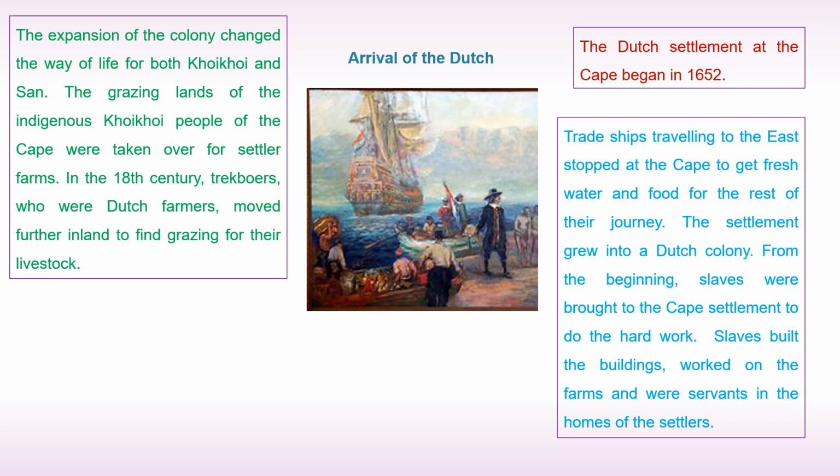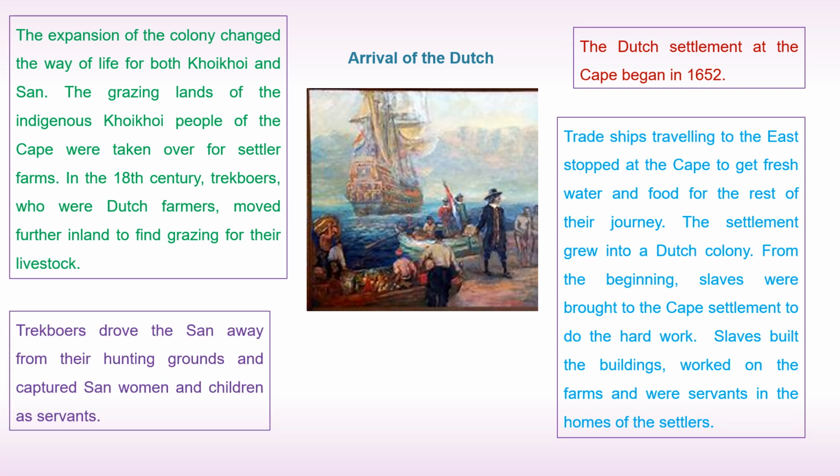The grazing lands of the indigenous people were taken over by the settlers in the 18th century, and the Trekboers and the Dutch people moved further inland as they wanted to establish their colony further. Now, you must know the Trekboers drove the San away from their hunting grounds, and they captured San women and children and used them as slaves.